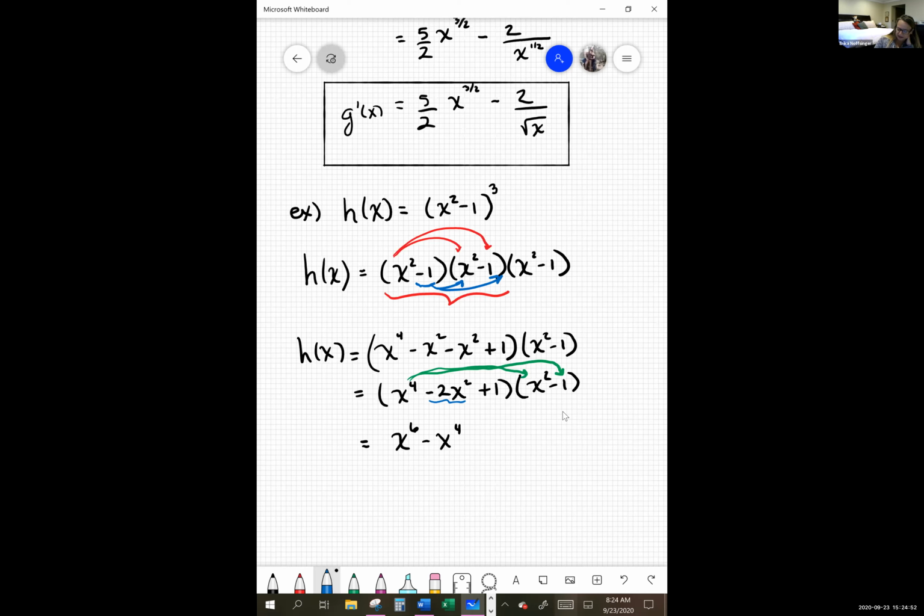Distribute the negative 2x squared. So negative 2x squared times positive x squared is negative 2x to the fourth. Negative 2x squared times negative 1 is plus 2x squared. And then distribute the 1. So 1 times x squared, so that's plus x squared. And 1 times negative 1 is minus 1.